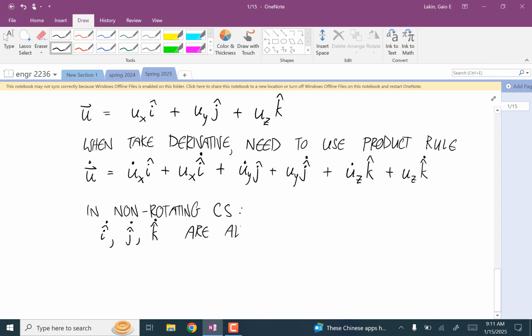So why is that in a non-rotating coordinate system? Why would these all be 0?